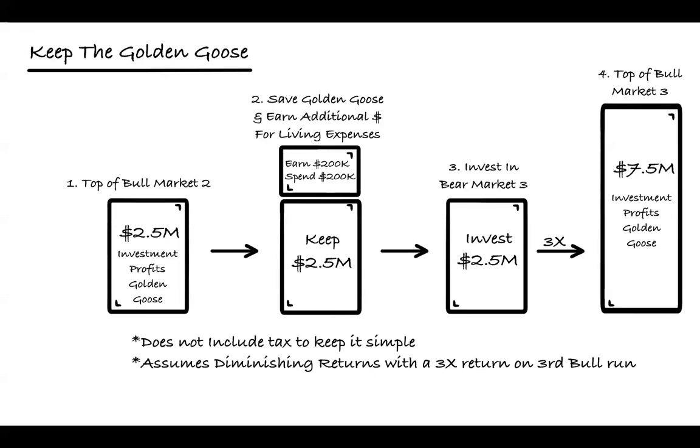Nearly double what you would have previously got, all because you didn't spend the golden goose. You didn't cash out those Satoshis. You didn't get rid of any of that Bitcoin that you had, and you simply just held onto it. And this is where we're seeing people over multiple cycles making multiple amounts of money.